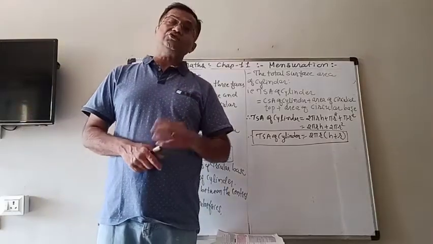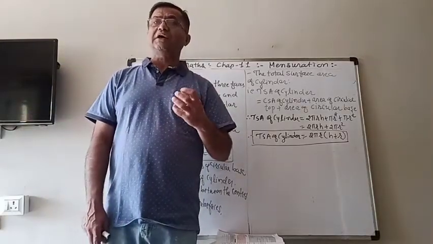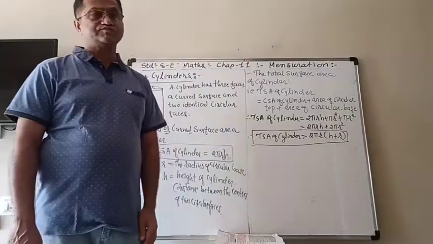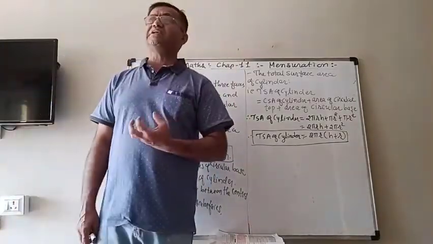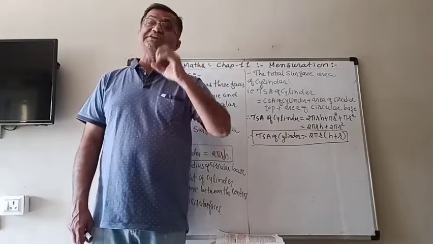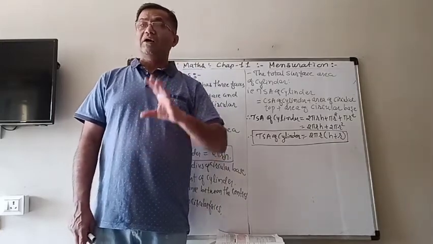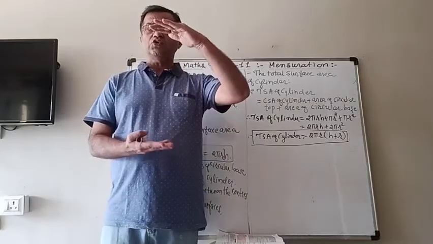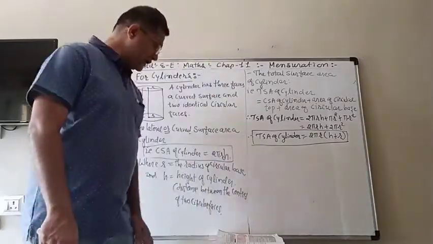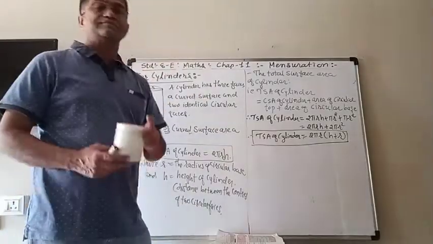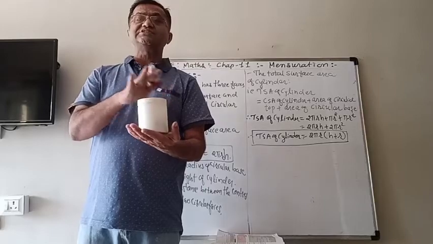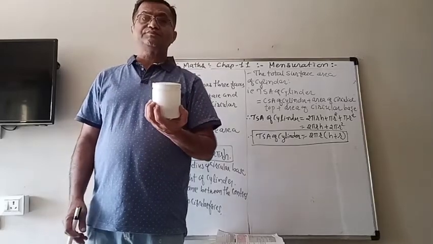Now, today we are going to learn the surface areas for a cylinder. You know that a cylinder has 3 surfaces. One is the curved surface, and the other 2, top and bottom, are identical circles. You can see that this container is in the shape of a cylinder.